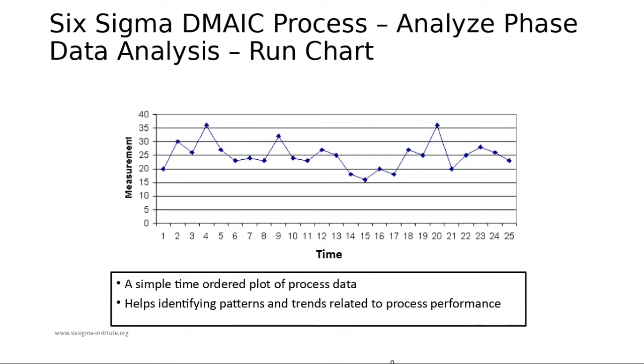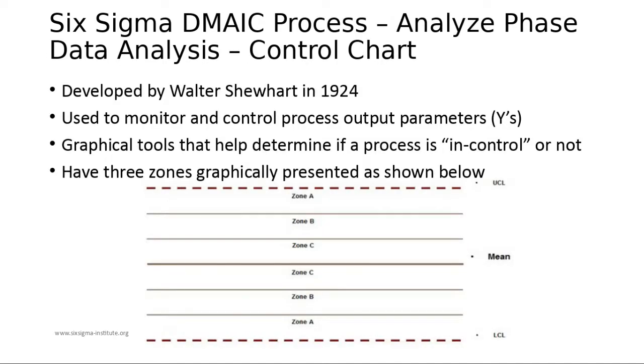Whereas the control chart looks the same, but it is meant to determine the variation, to determine whether the process is under control or out of control, and it shows the mean, which is the center line of the process, and the control lines.